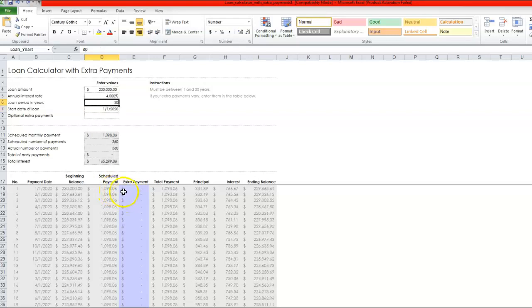It increased by about $600. Just about $600. But if we look over here, that $600 was principal, right? $331 here. I'll undo. $934. So we're only paying more principal. Interest is the same.